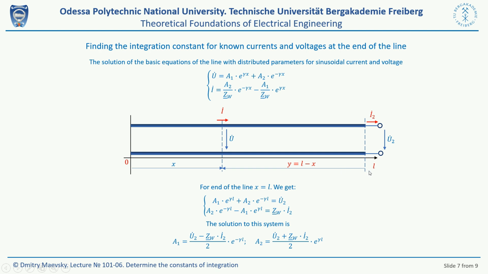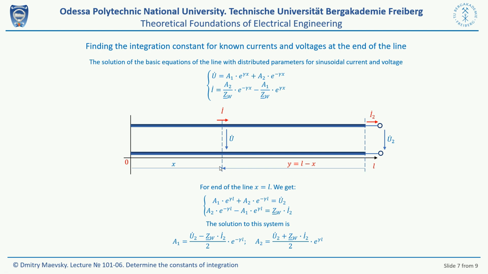Let the length of the line be L. Then the point with the known coordinate x will be at a distance L minus x from the end of the line.